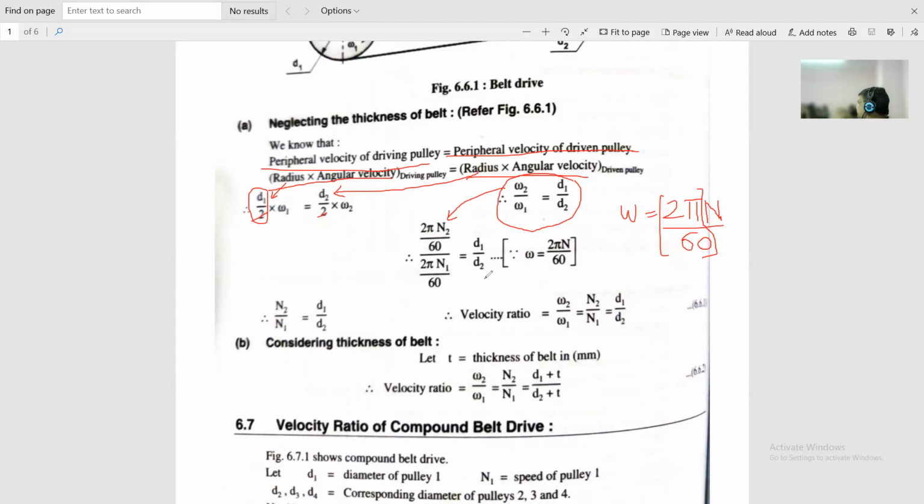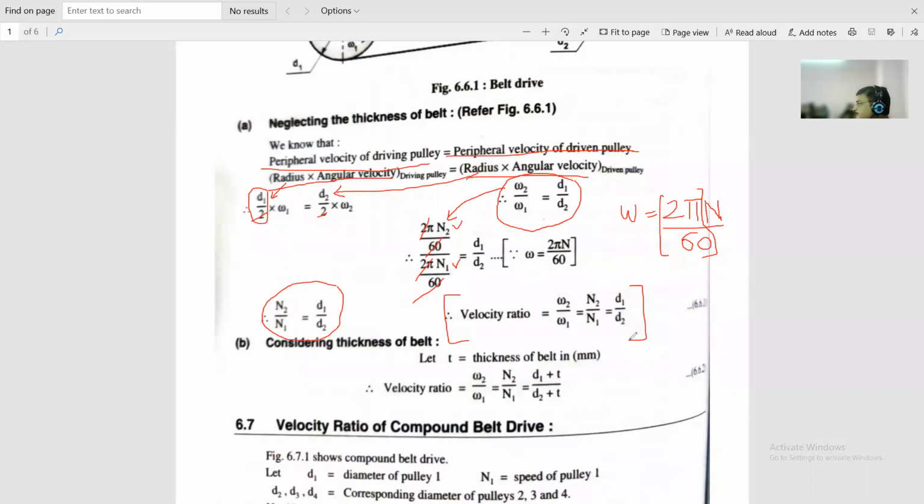In place of omega we put the value in the form of rpm, in the form of N. Now 2 pi is cancelled, 60 and 60 is cancelled. Remaining term will be N2 and N1 only. So the equation will be N2 by N1 is equal to D1 by D2, and the velocity ratio is nothing but omega 2 divided by omega 1, which equals N2 by N1 equals D1 by D2.